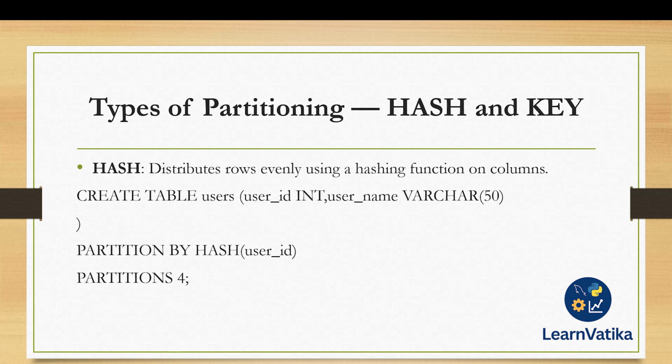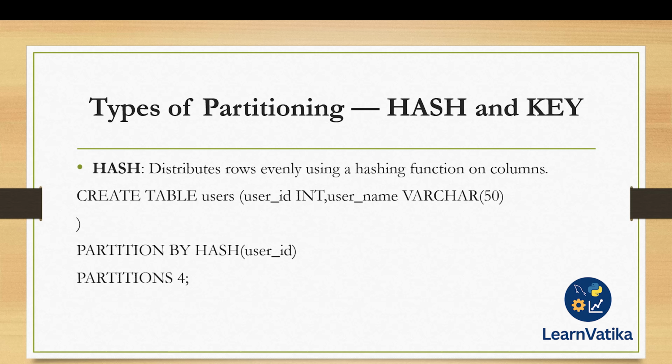Then the third type is partitioning with the help of hash and key. Hash partitioning divides data into a specified number of partitions using a hashing function on one or more columns. This hash partitioning is good for evenly distributing the rows.